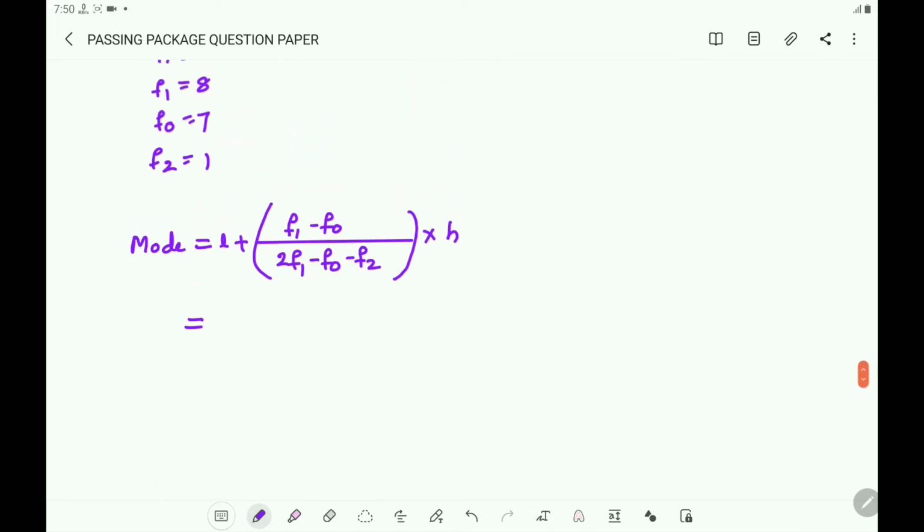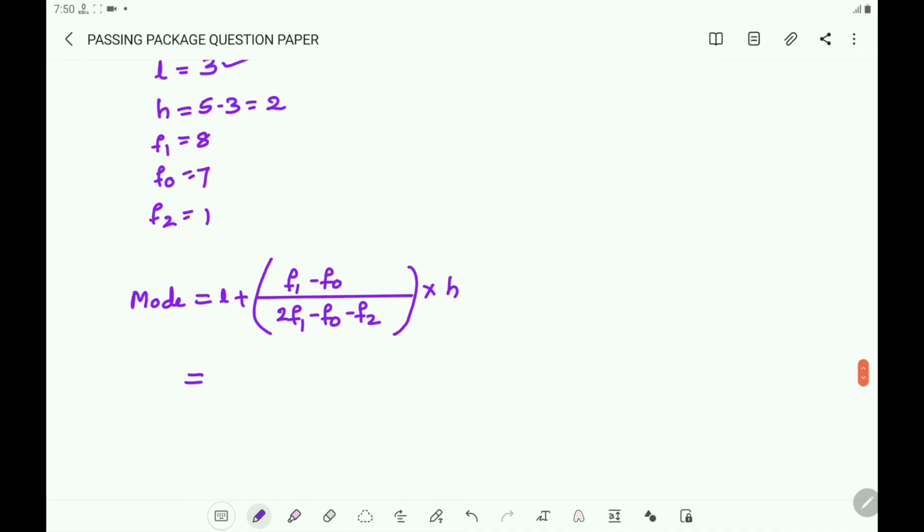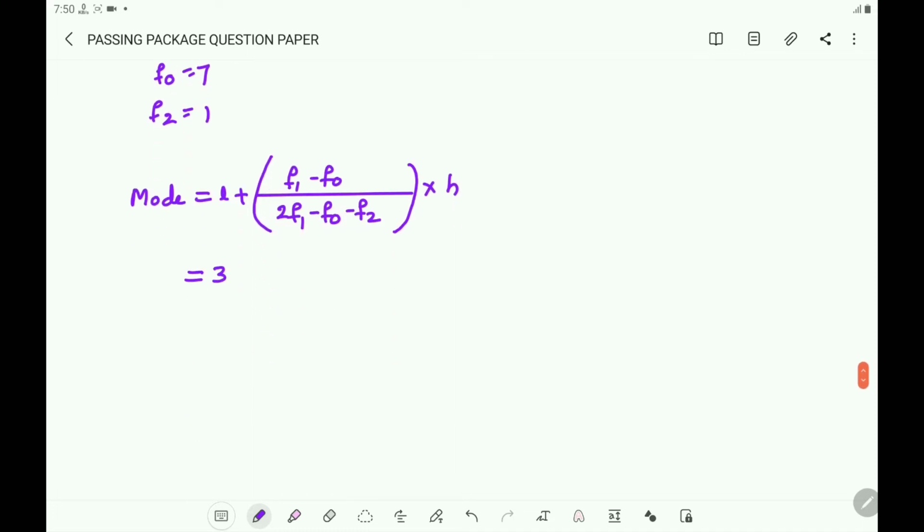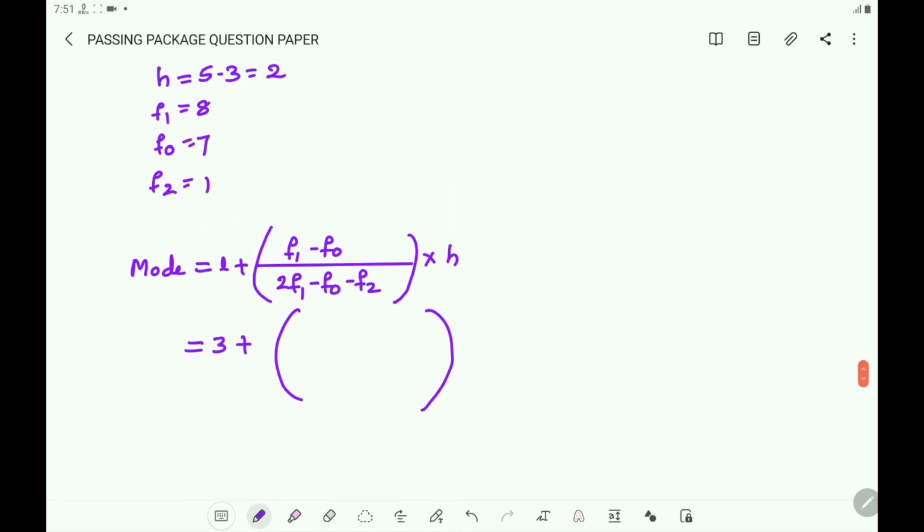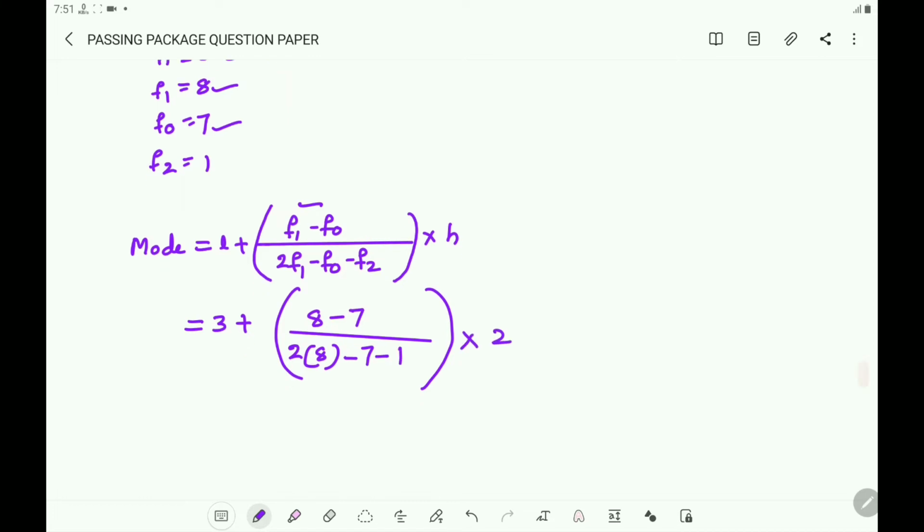L is 3. In the place of L, you write 3. Then you write plus. f1 is 8, 8 minus f0 which is 7. You write 2f1, 2 into 8, minus f0 which is 7, minus f2 which is 1, into h which is 2.